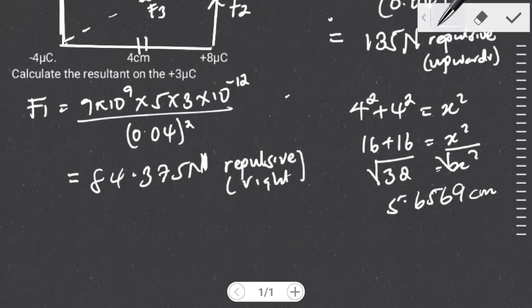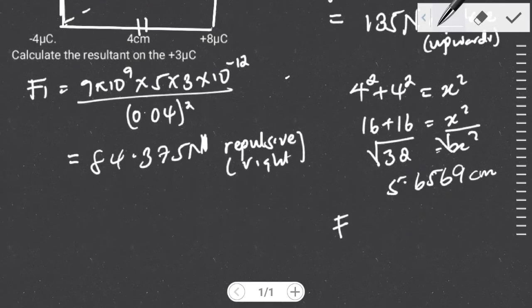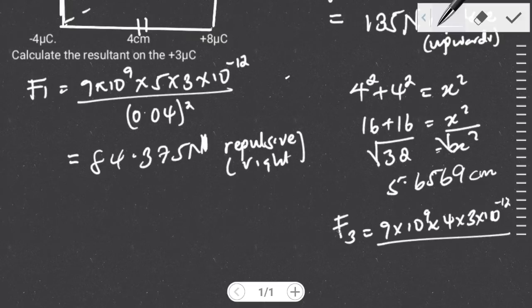So to do this calculation, the third force, F3, would be equal to 9 times 10 to the power 9 times 4 times 3 times 10 to the power negative 12, all over the distance of separation, which would be 0.056569, squared.